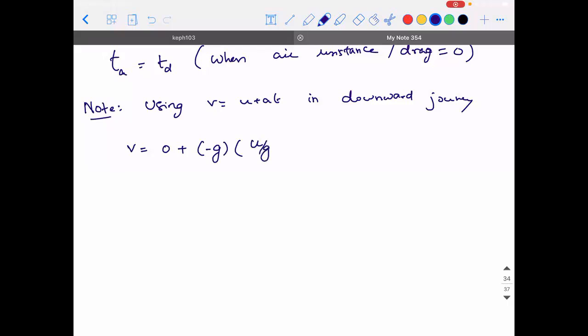Is it not U divided by G? Time cannot be negative because time is a scalar quantity. So G and G will get cancelled. V is equal to minus U.